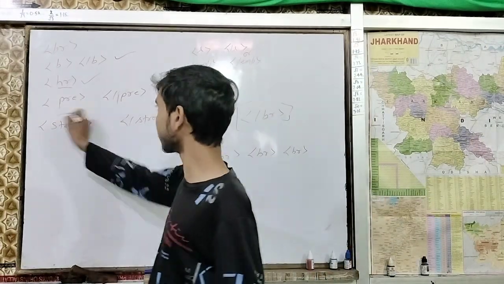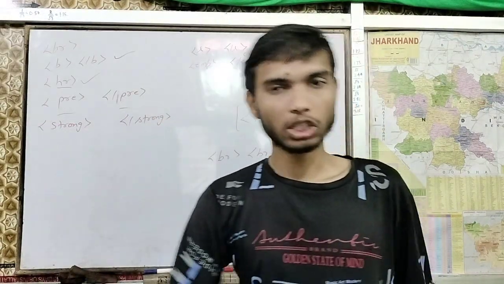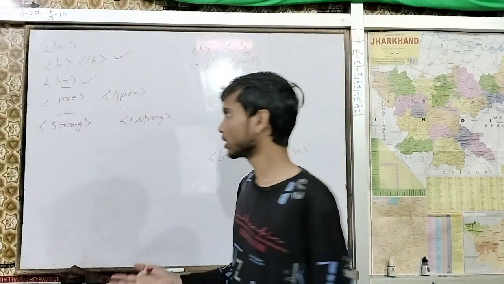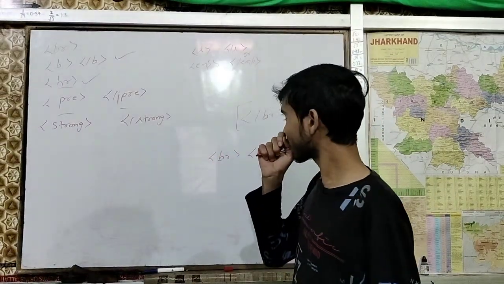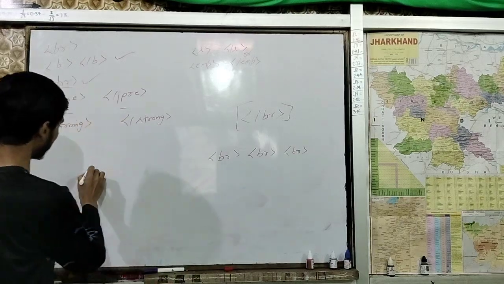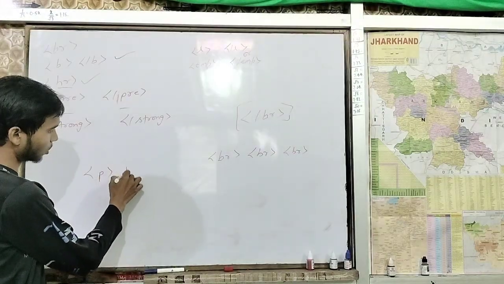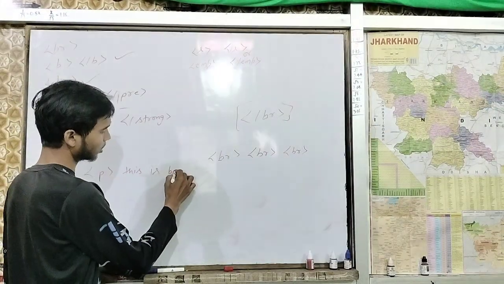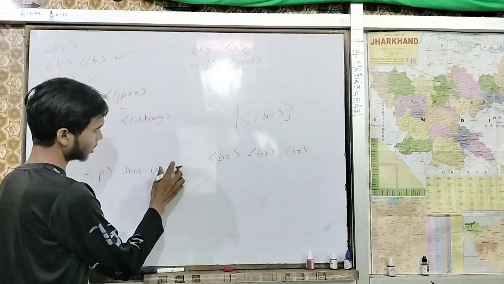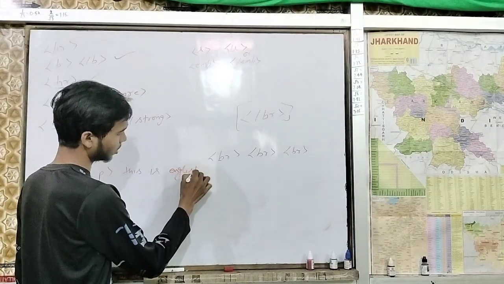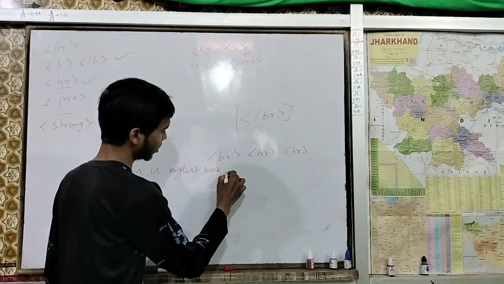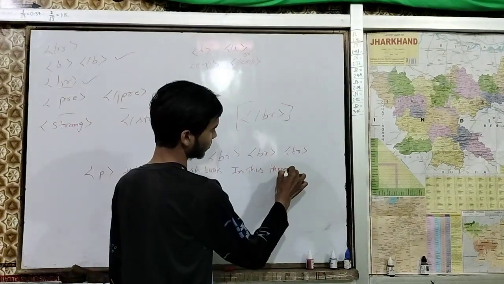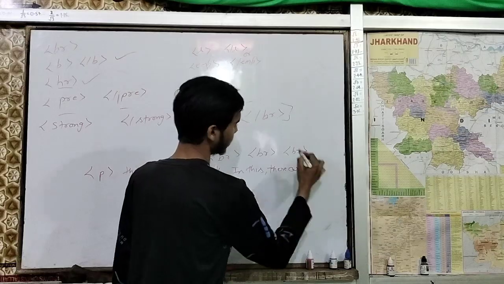Now next we have pre. It's also a useful tag, I would say. Here in a paragraph you write, P, this is a robot book. This is an English book. In this, there are 13 lessons.